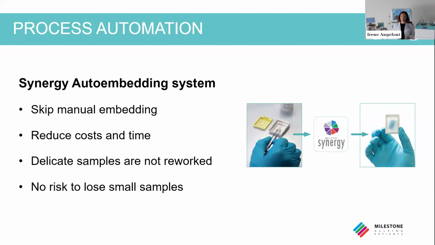Through the auto-embedding, we skip the manual embedding step, and in this way it's possible to reduce time and costs, and it has very important advantages for the safety of the samples, because delicate specimens are handled only once, reducing the risk of damaging or, worse, losing them. So it's very important for the safety of the samples.